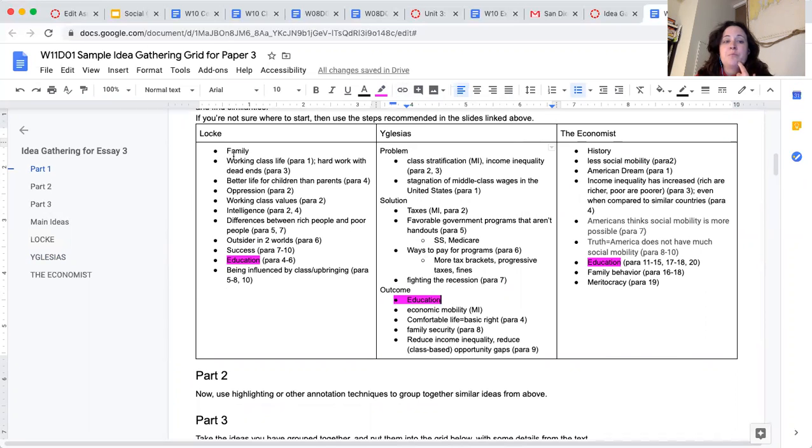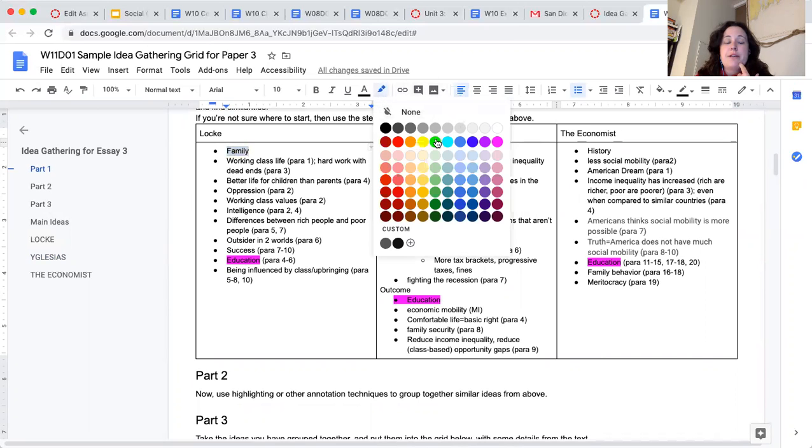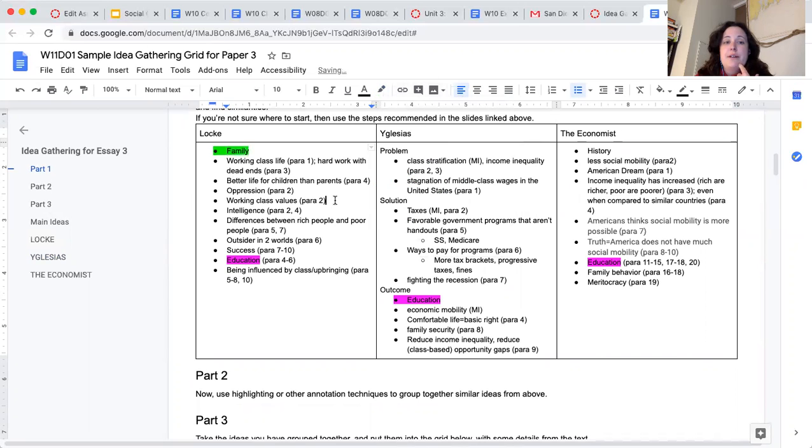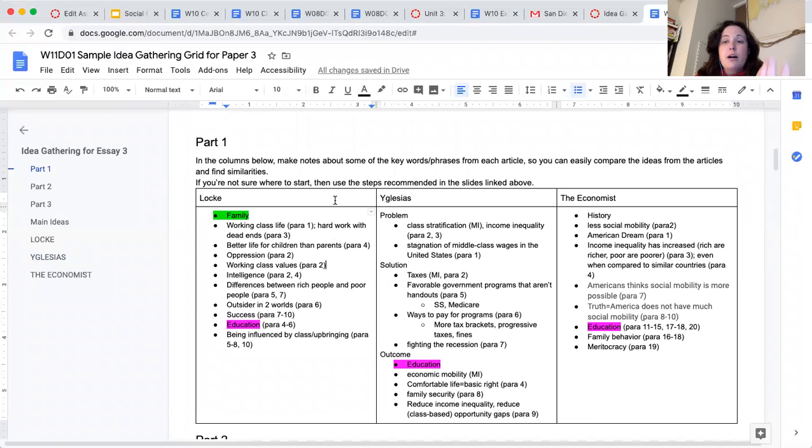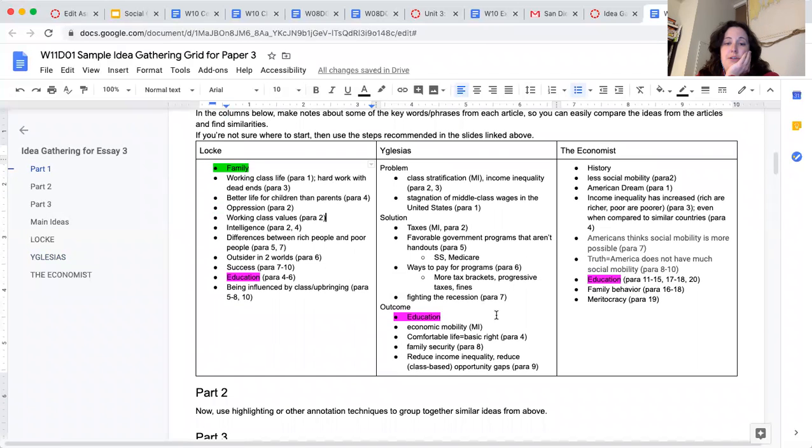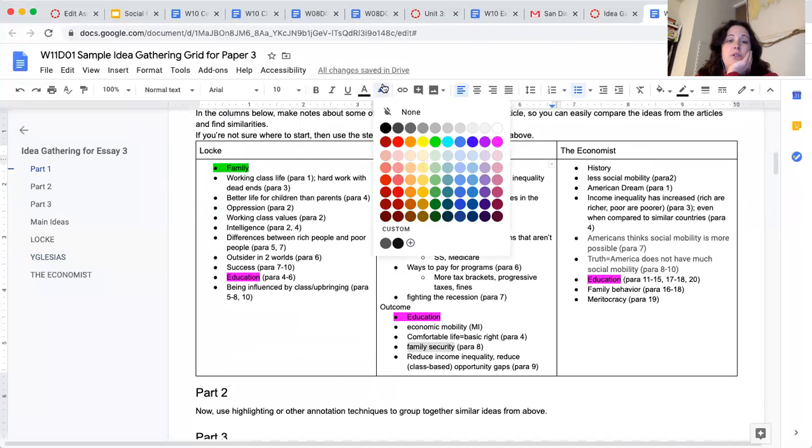Let's see if there's other things that come up. So we've got family. Family comes up in the article about Locke because she talks about her family a lot, growing up with her family, things like that. And then we talk about family security in the Iglesias article.